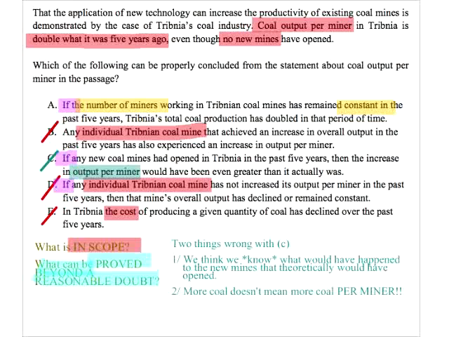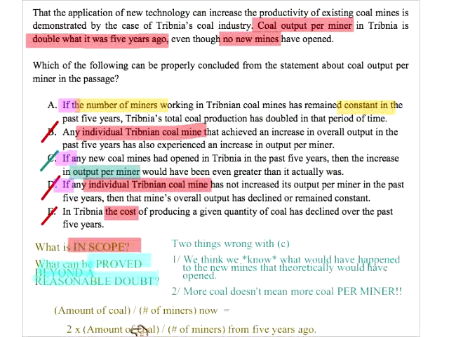Well, because the idea is that the amount of coal per number of miners now is 2 times the amount of coal over the number of miners from 5 years ago. Ordinarily this would allow variation in either one of these quantities.